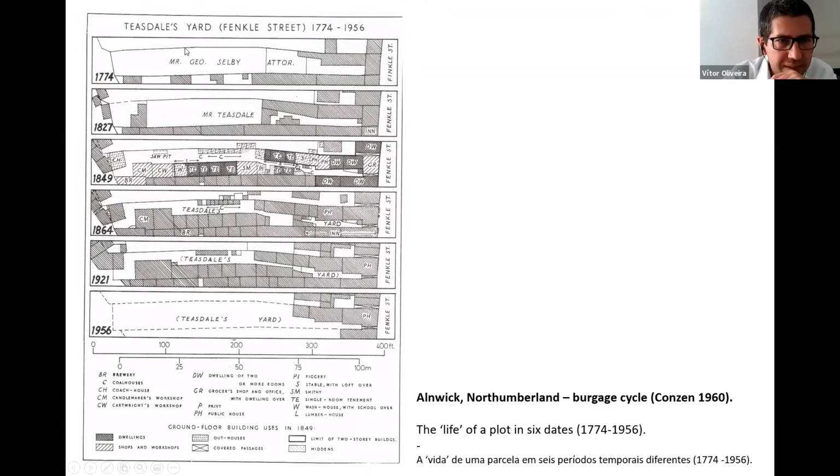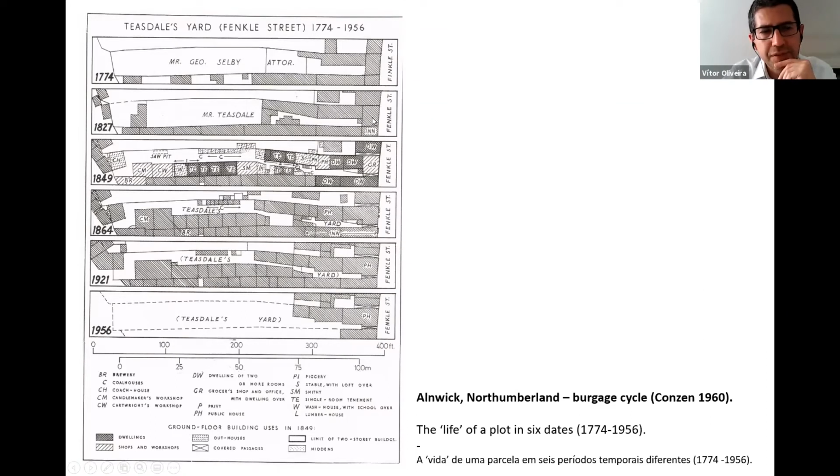We are looking at this plot, this very long and narrow plot, in different periods of time, starting in 1774 until 1956. And what we see is that we have a main house facing the street. This is the house of a bourgeois.